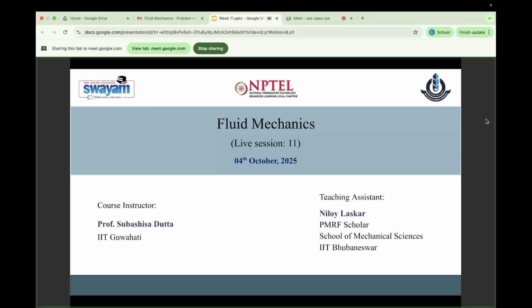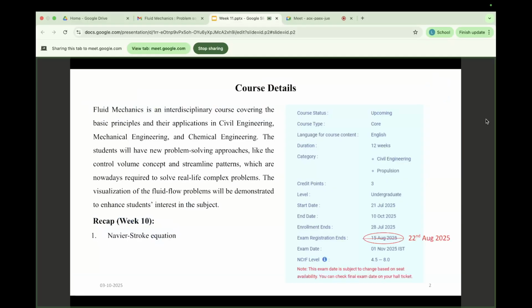In the previous classes we have discussed the Navier-Stokes equation and so on. But please go through the topics taught till week 10. The basic concepts will help you with the upcoming concepts, and your exam is also upcoming, so that will help you refine your strength and knowledge.